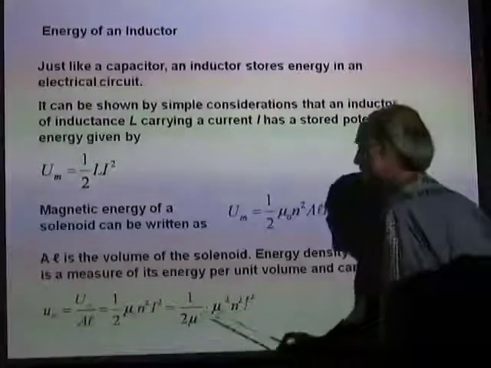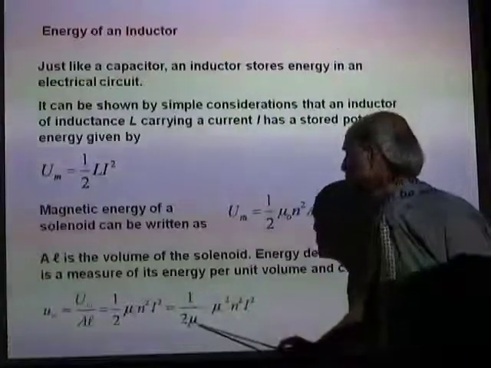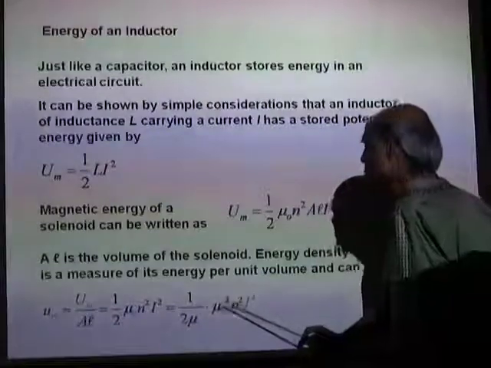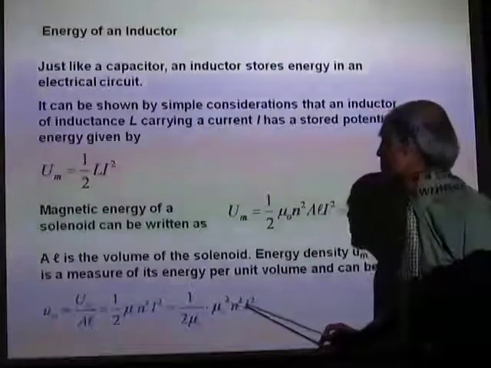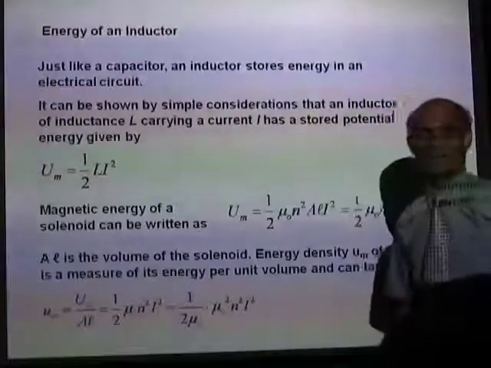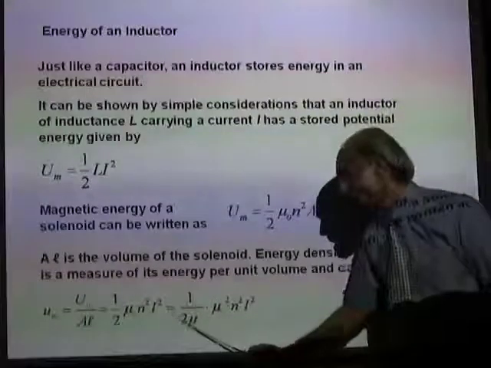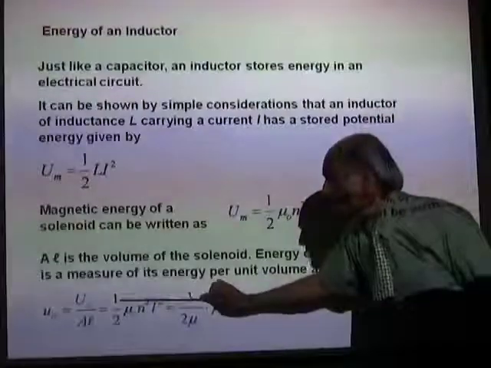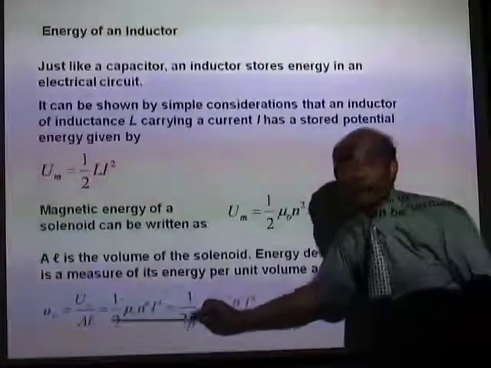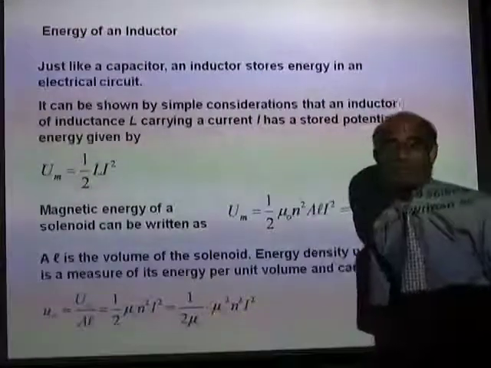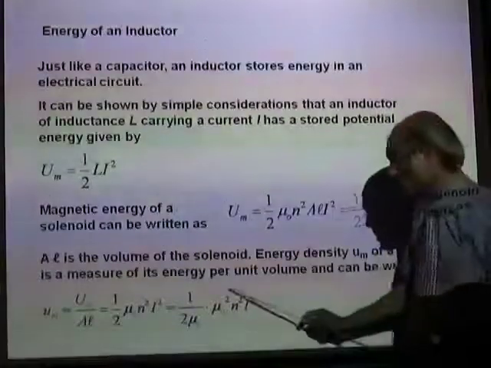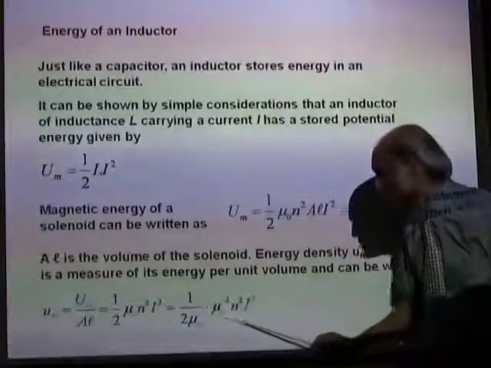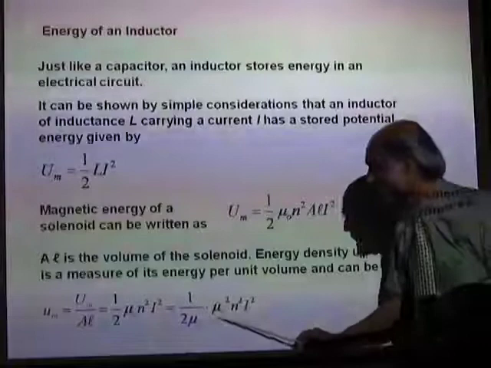And we can write it as 1/2 mu 0 times mu 0 squared n squared I squared. Did you see how that can be written like this? All I did is multiply by mu 0 and divide by mu 0. Why did I do that? What is mu 0 n I?